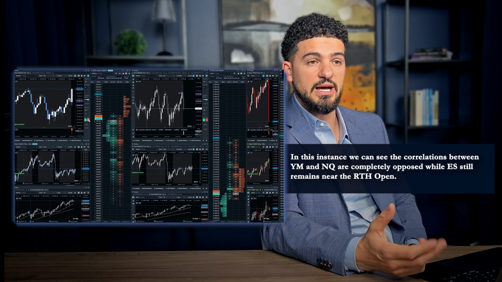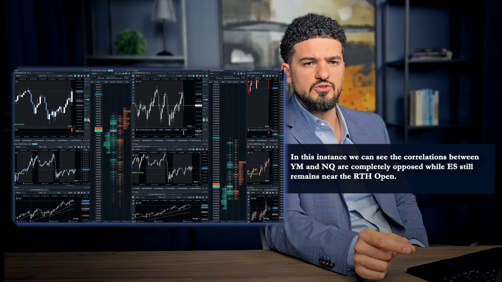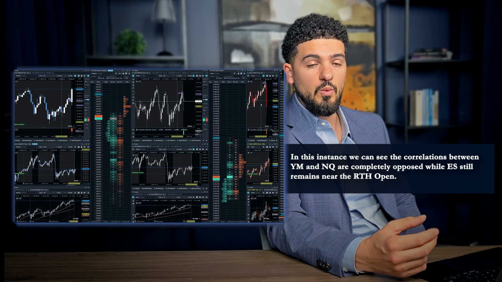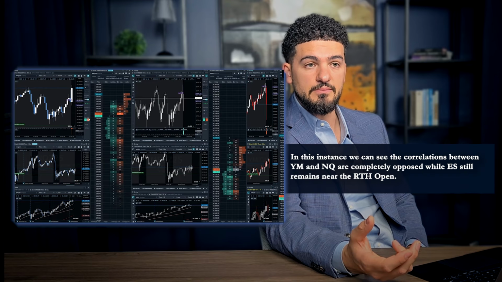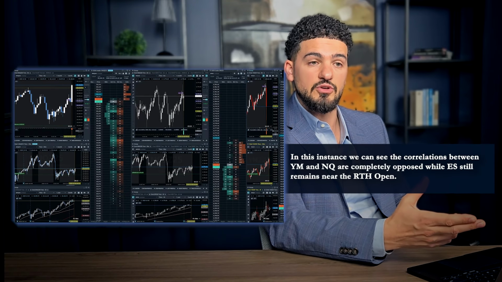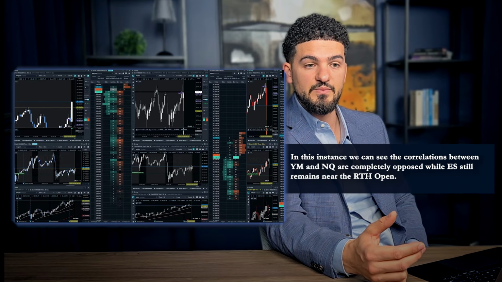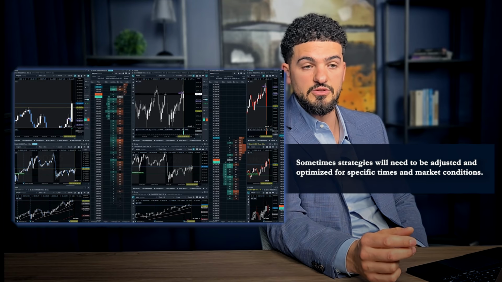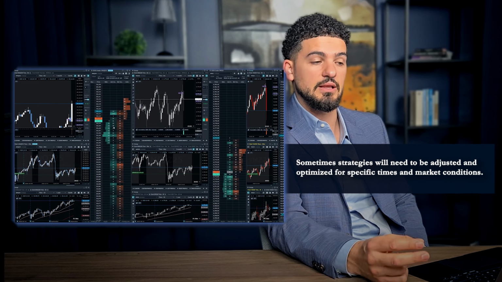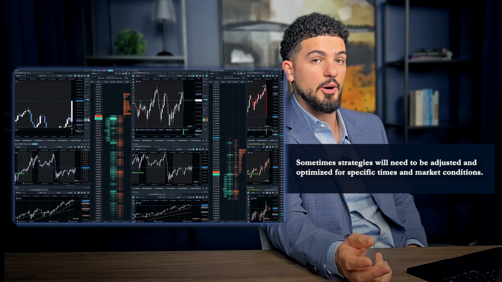You could be looking at one instrument that has some kind of large move. It reaches a level of resistance and then reverses, while the instrument that you're looking to trade, which you were expecting to follow, doesn't. If you saw NQ break out, you're thinking perhaps ES would do the same thing. ES doesn't break out and stays within the range. NQ breaks out, but then continues, reaches a level of resistance, then turns around and starts moving in the opposite direction.